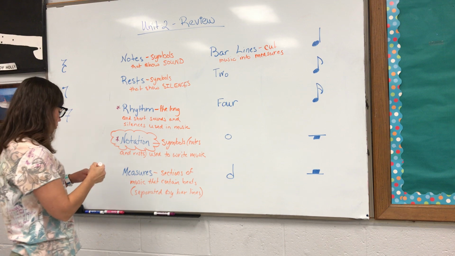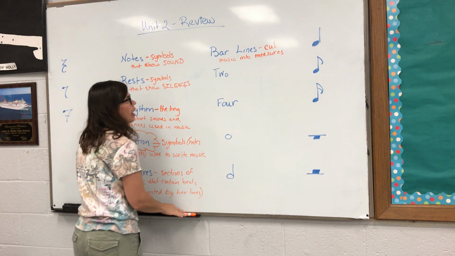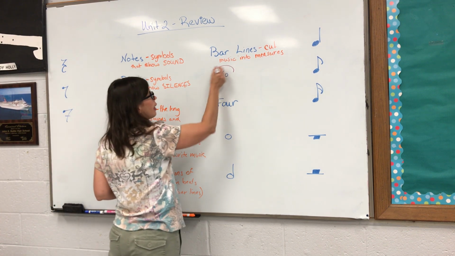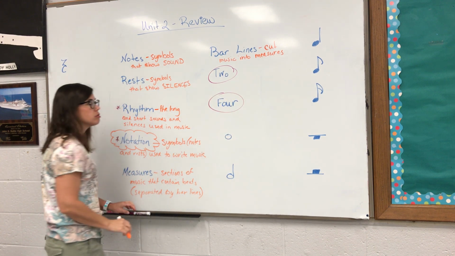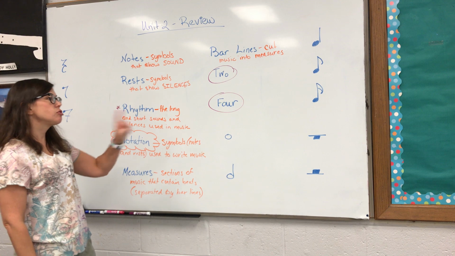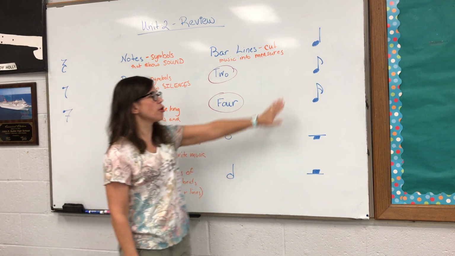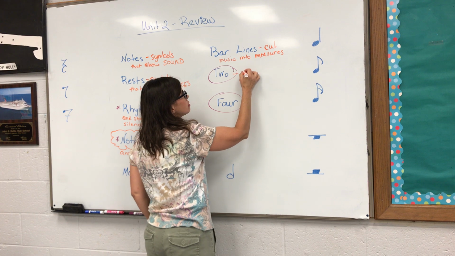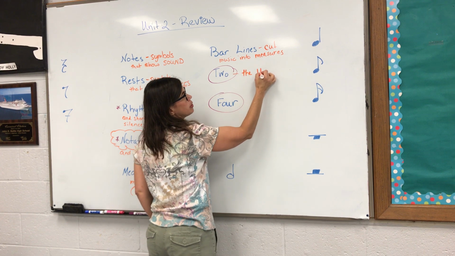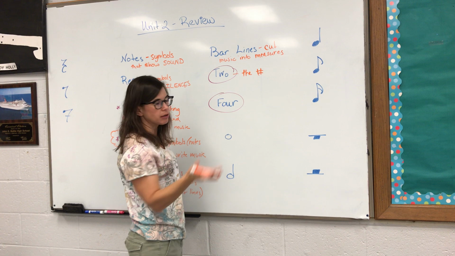Now, the reason why I have the word two and the word four on here is because 2 is the number of eighth notes it takes to fill up a beat. I'm just going to put the number sign, hashtag, but number.